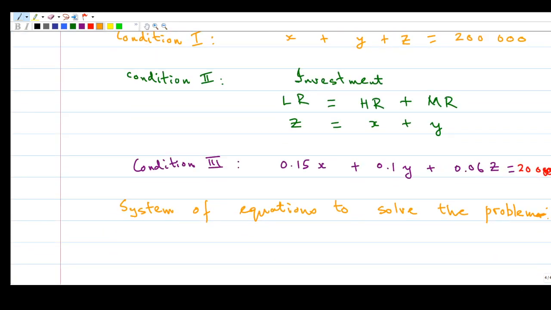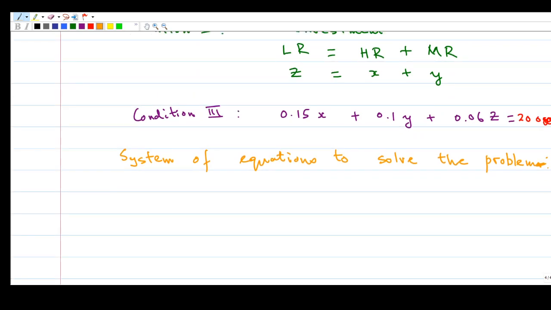Right, working with the three conditions, this is what we end up with. In the first condition, then from the second condition, you could take the variables from the right hand side to the left hand side so that you get them in the same column.